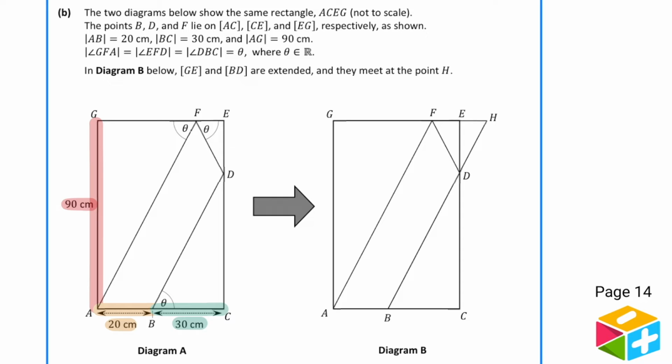We've also been told that 3 of the angles in this diagram are equal. They've all been labelled with theta. In diagram B, the lines GE and BD are extended to meet at a point H. These 2 diagrams will be helpful for the questions on the next page.